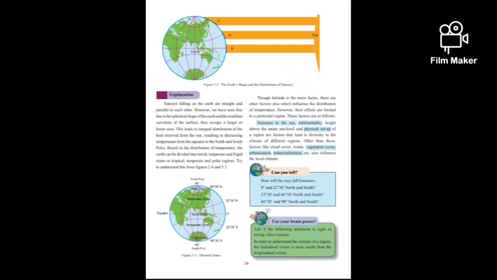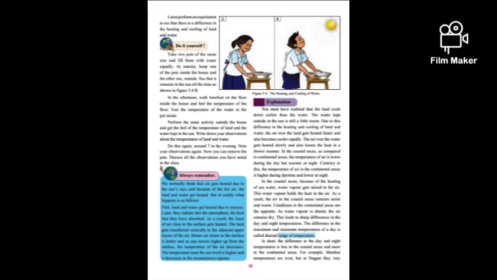Okay. Now next, there is an experiment which is shown here. Let us perform an experiment to see that there is a difference in the heating and cooling of land and water. Now, due to the heat of the sun, the heat which is received on the earth's surface makes the land as well as the water hot.